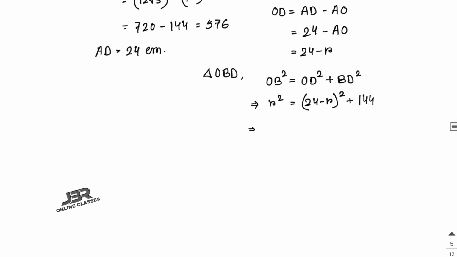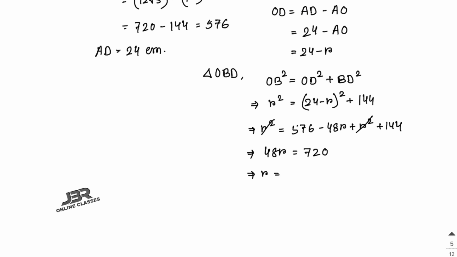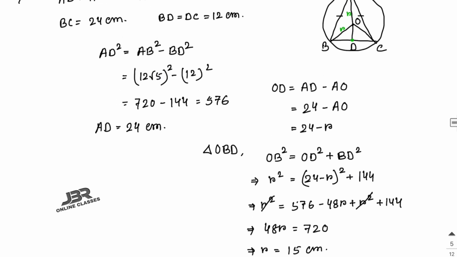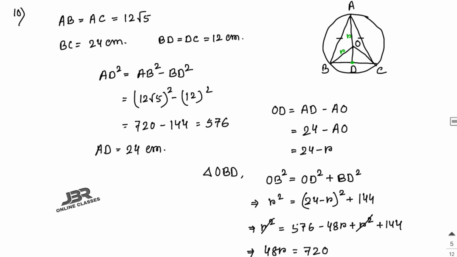So now you can write R square equals 24 square, which is 576, minus 48R plus R square plus 144. So R square cancels out. 48R is equal to 720. So R equals 720 divided by 48, which is 15 centimeter. So 15 centimeter is the radius of that circle, and that is your answer.